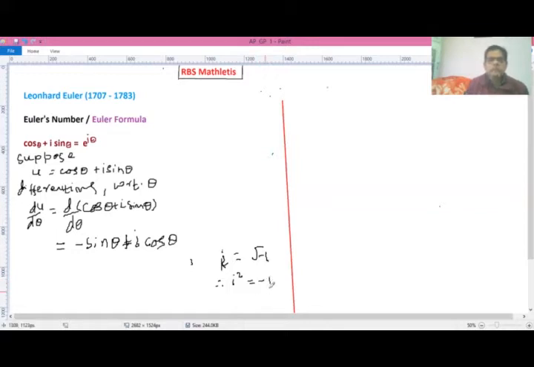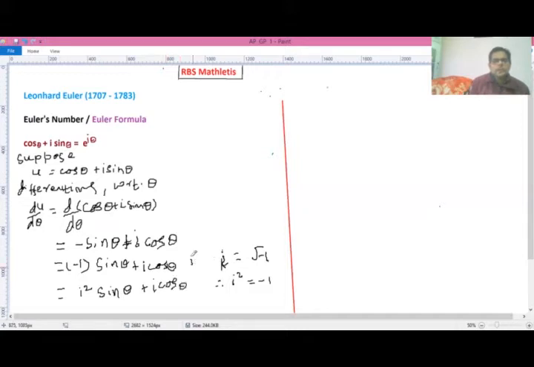And when this is minus 1, and here you can see that this is minus sin theta, so what you can write here is minus 1 times sin theta plus i cos theta, and now in place of minus 1 you can put i square. So you write i square sin theta plus i cos theta.